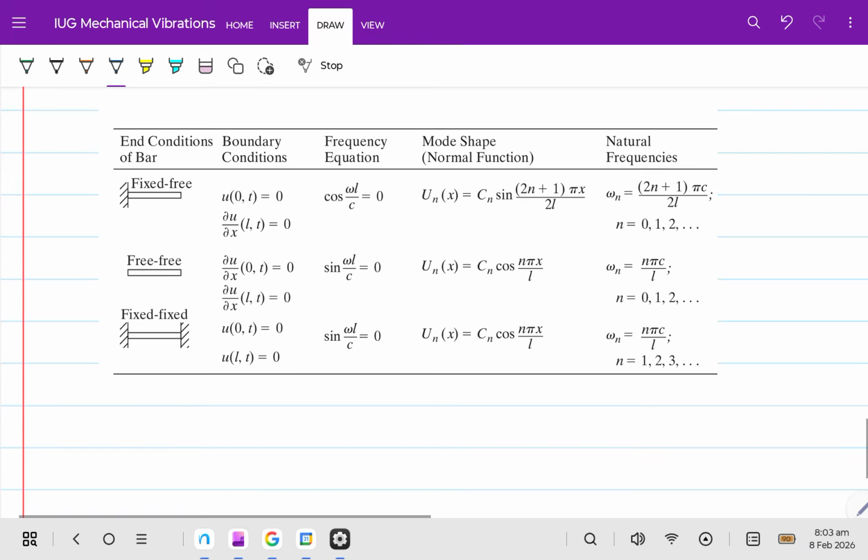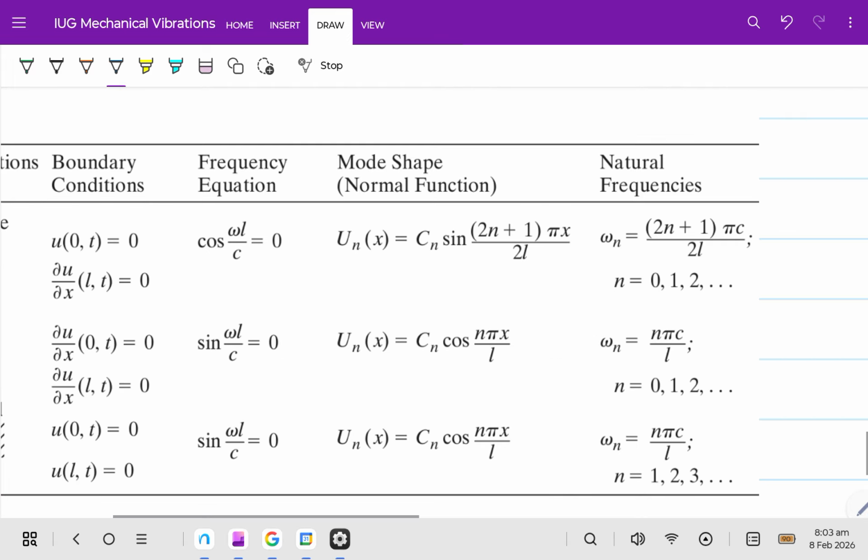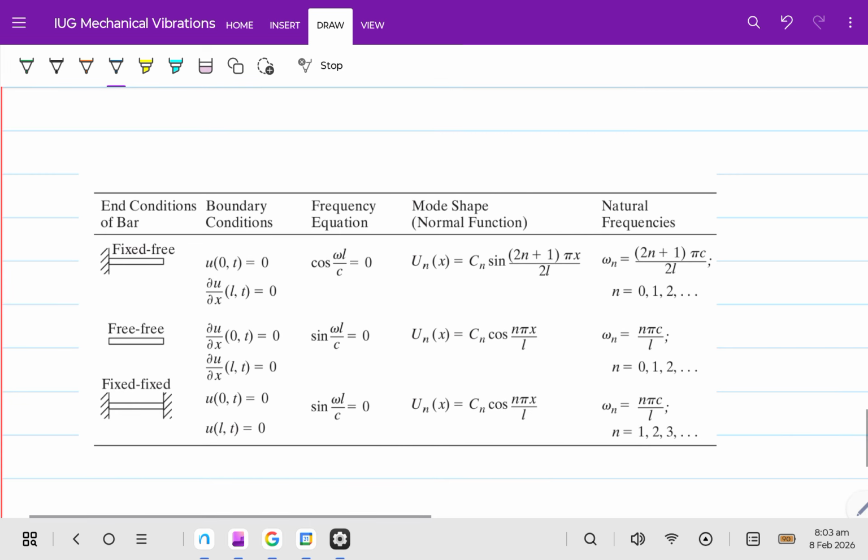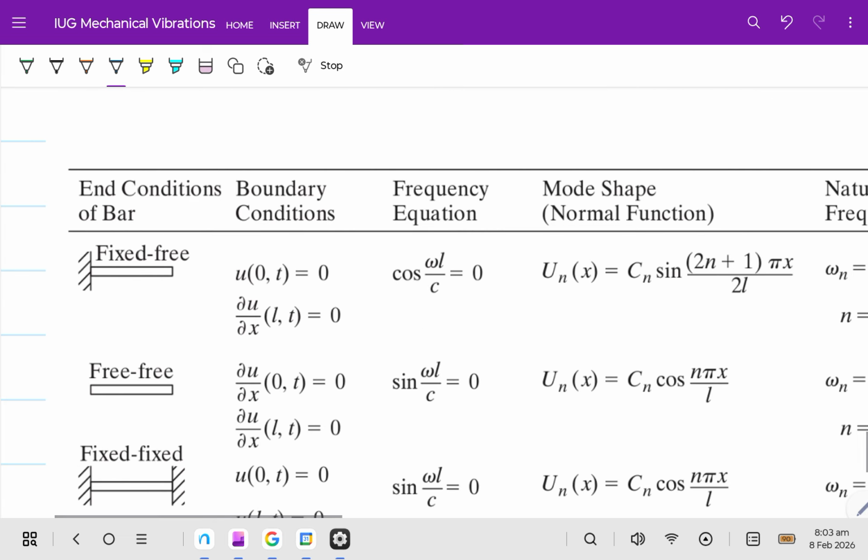In your book you will find a table with solutions for different boundary conditions. Let's say your bar is fixed at one end, at the zero position, and the full length is L. At the zero position the displacement will be 0 at all times t, from t equals 0 to infinity. It will be 0 all the time because it is fixed.